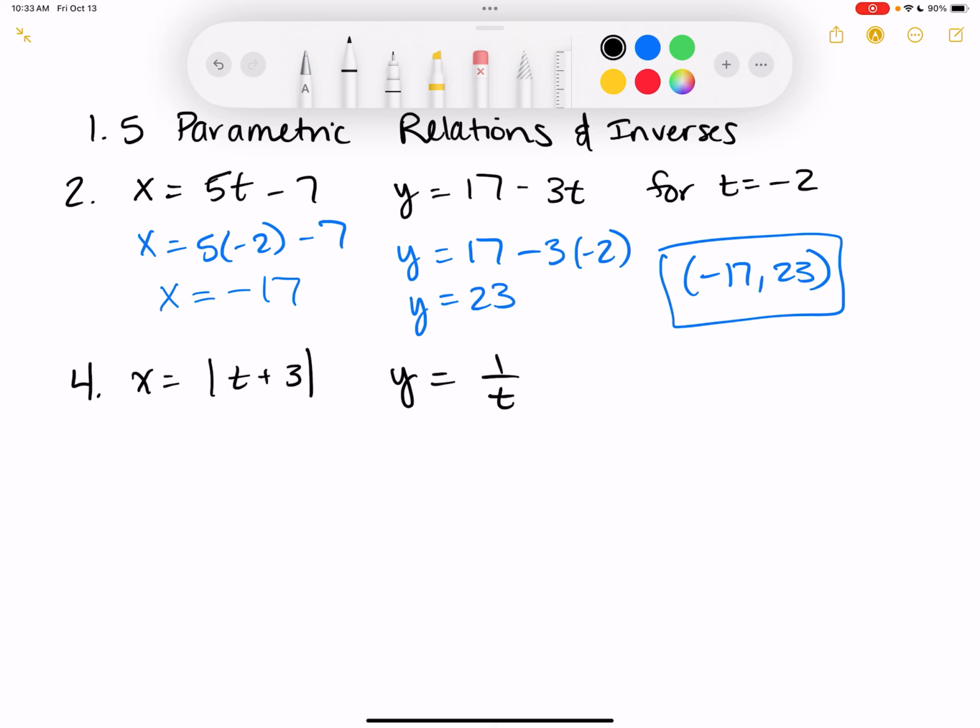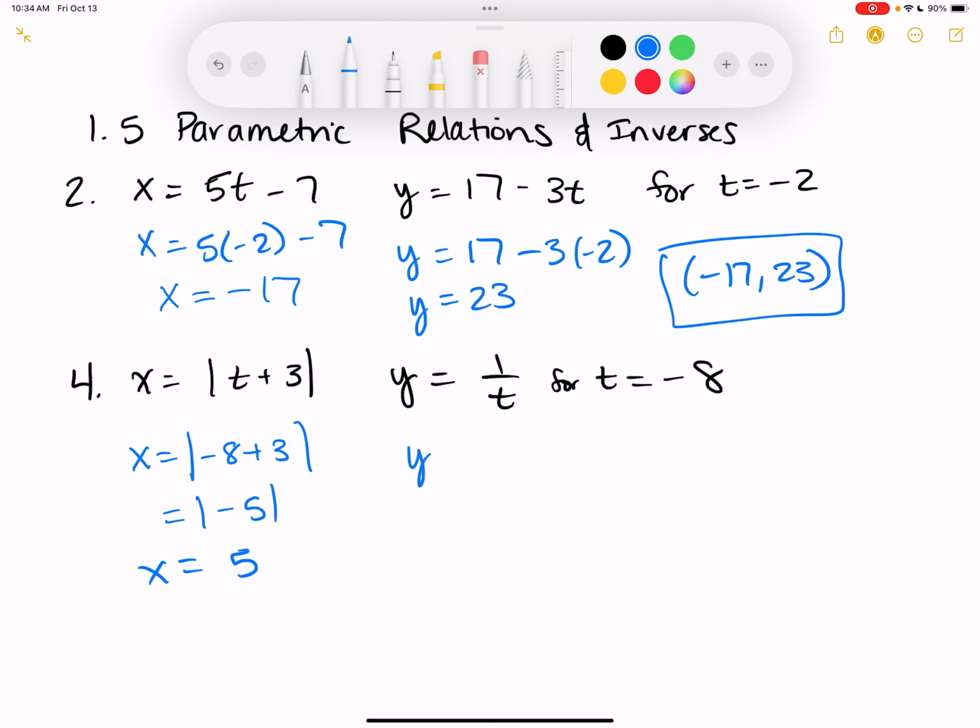All right, so X is equal to the absolute value of T plus 3. Y is equal to 1 over T, and T is negative 8. So X is equal to the absolute value of negative 8 plus 3, which is the absolute value of negative 5. So X is equal to 5.